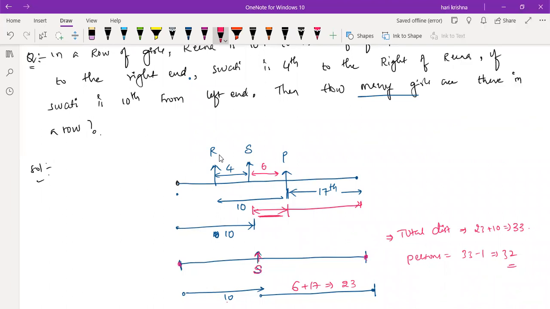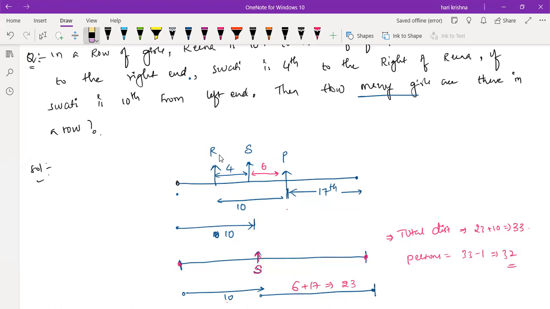So how will you get this part? We know the total distance from here to this part is 10. But in that 10, if you remove this 4 now, you will get 6 only, right? Here to here. So 6 plus 17 is the position of Swati from the right hand, right? Yes, sir. Clear now? Got it, sir.